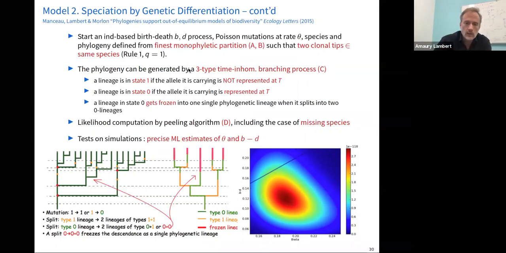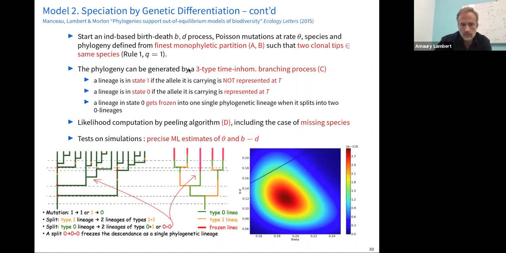And then for D, we had what is known as a peeling algorithm, which is a way of dividing and conquering the exploration of the tree and computing the likelihood of a given phylogeny under the model.